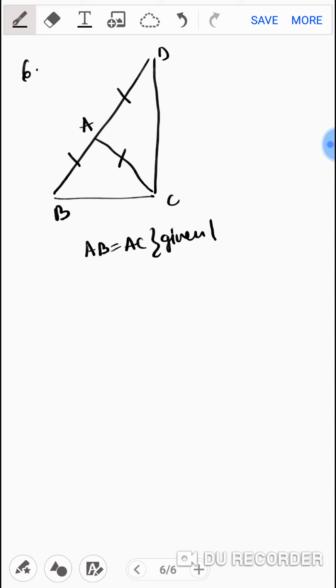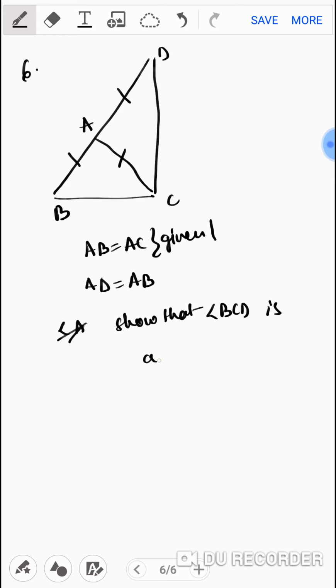Side BA is produced to D such that AD is equal to AB. Show that angle BCD is a right angle. Sorry, it's a right angle, BCD is a right angle. Okay. Shall we start?